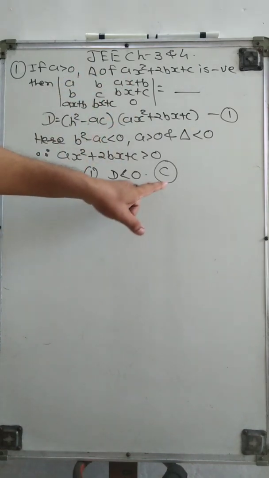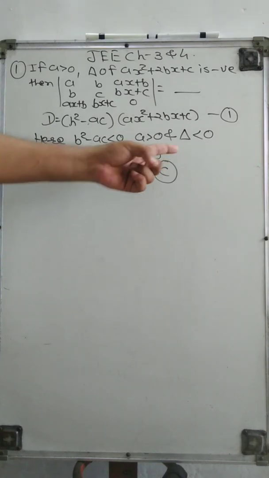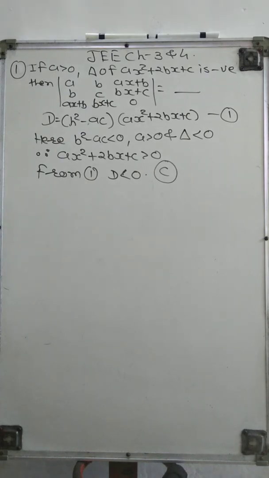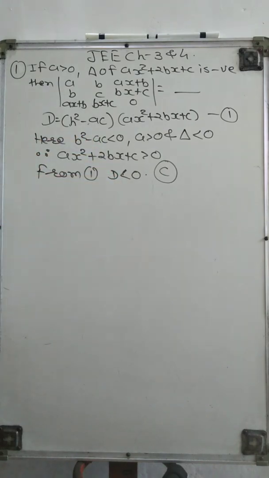So our answer is C. In my worksheet I did this, that the answer is C and delta is less than 0. But maybe in the previous lecture I told you that the answer is positive, but it is not positive, it is negative. So just correct this. Then we go for the next one.